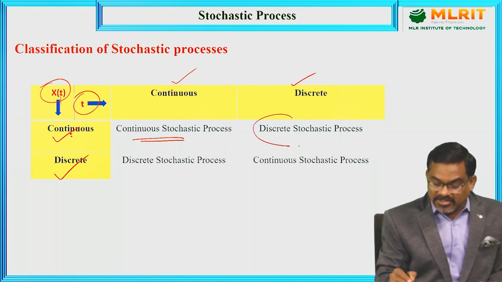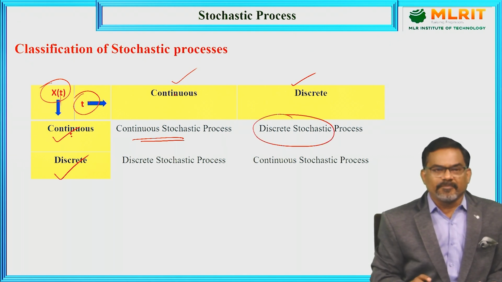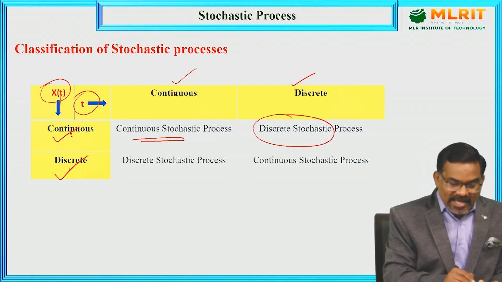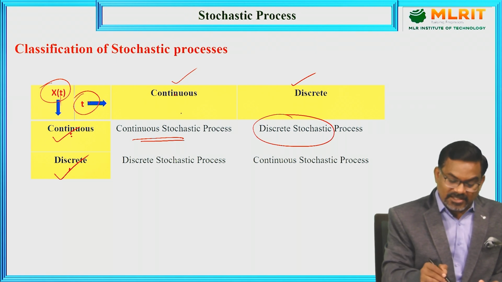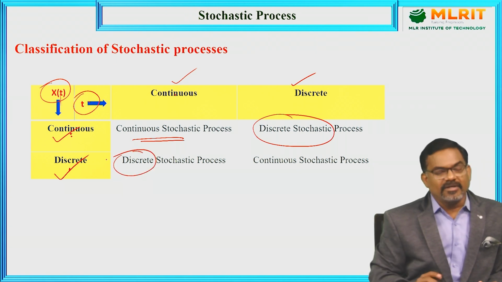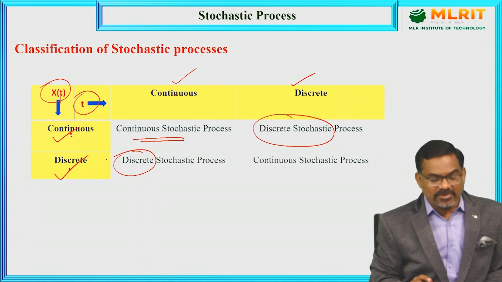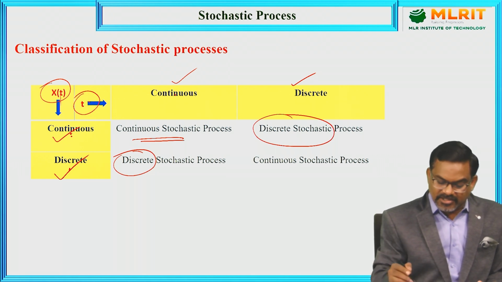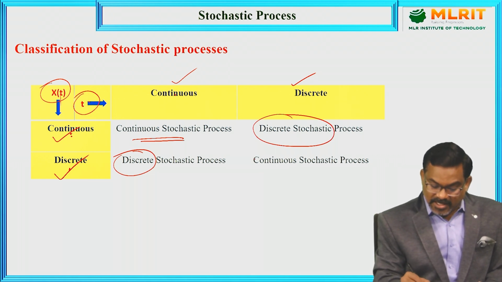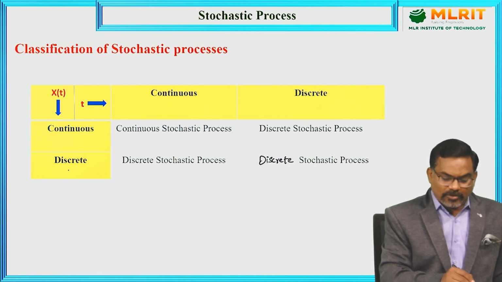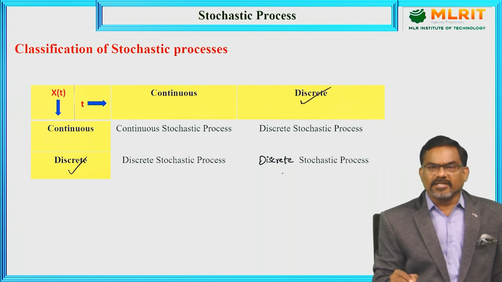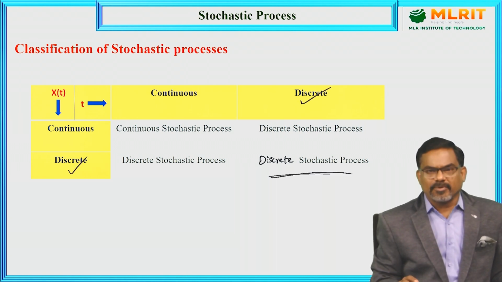So this is discrete stochastic process. Similarly, here we have x is discrete but t is continuous, even though it comes under discrete stochastic process, and both are discrete. So again, if both are discrete, then it comes under discrete stochastic process.